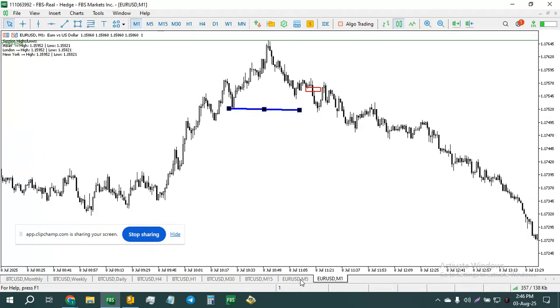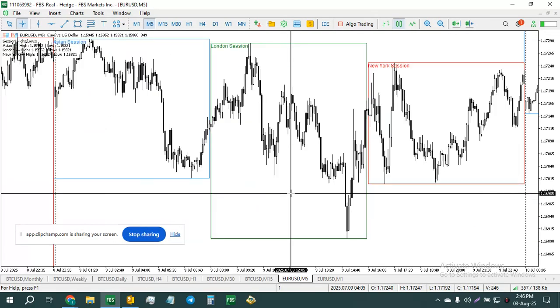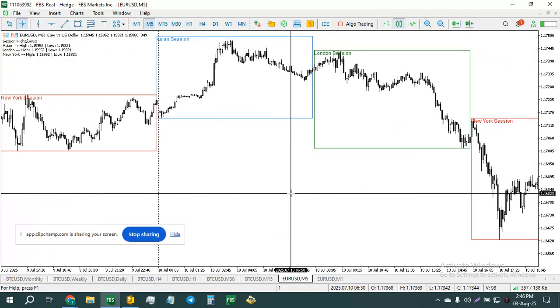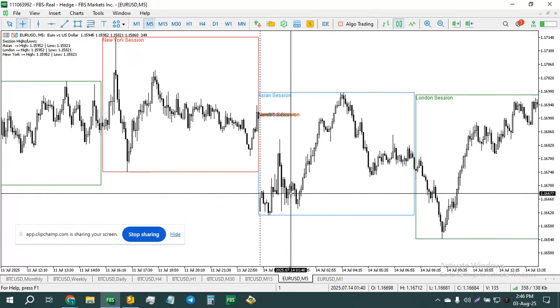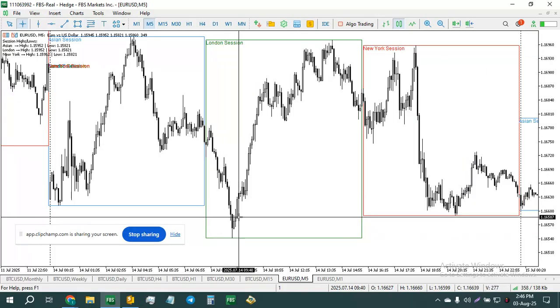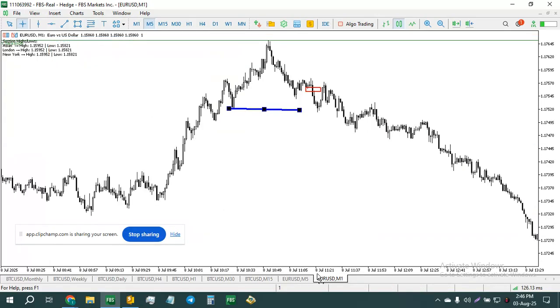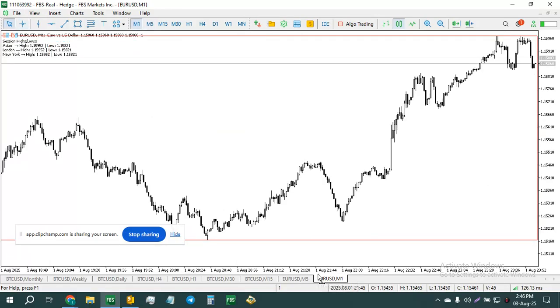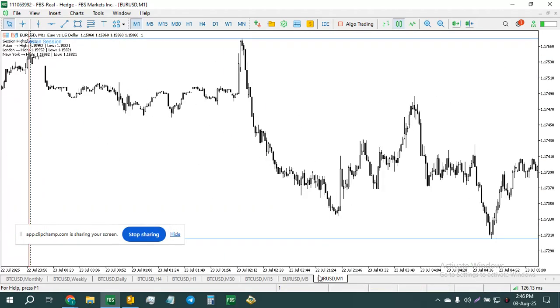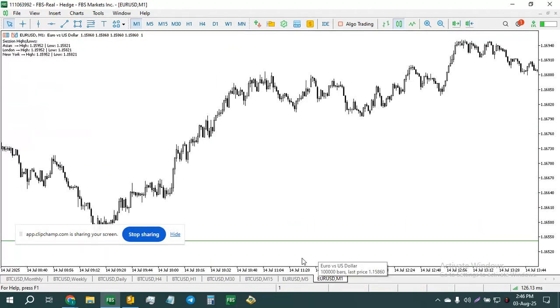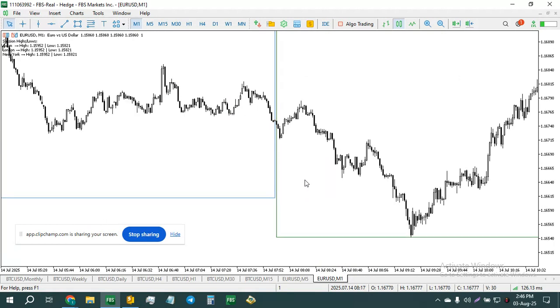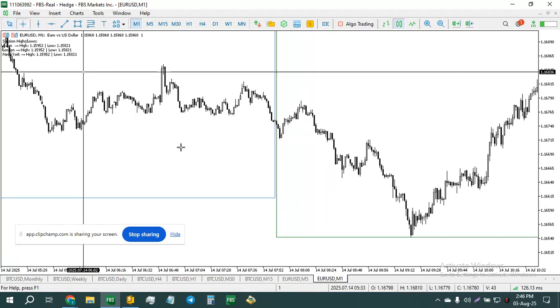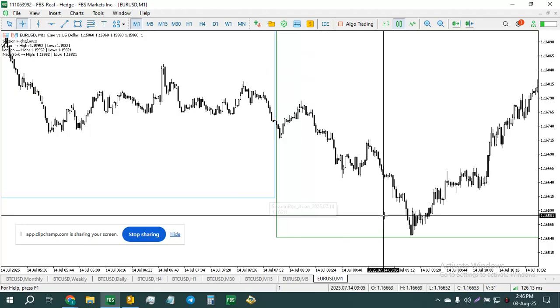So there are still other examples. This is another good example, July 14. We have the sweep here.